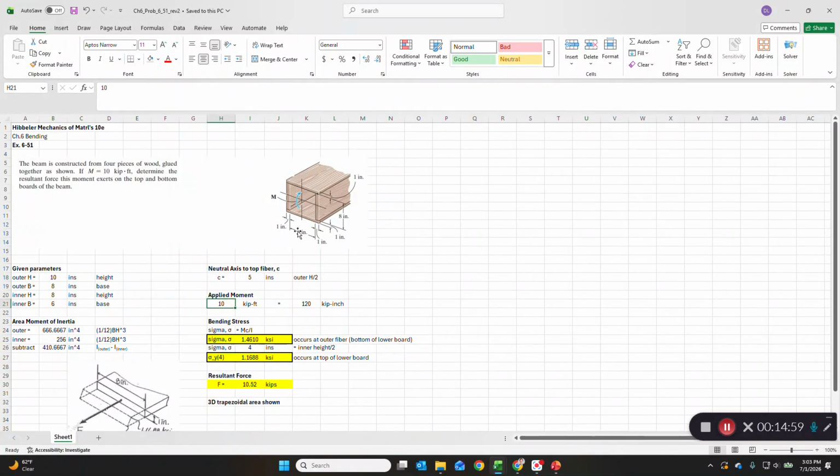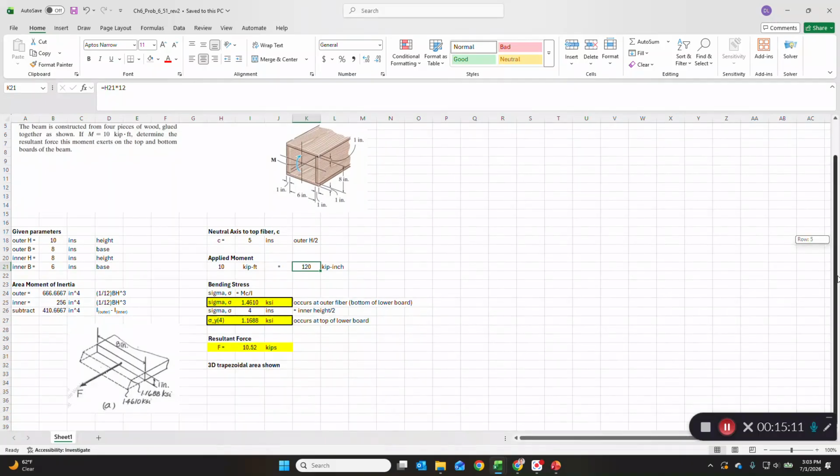So the applied moment is given as 10 foot-kips. Let's convert that to kip-inches by multiplying by 12, because everything needs to be in that unit since we're in inches now, kips and inches. So the bending stress is simply sigma bending is MC over I. M is 120 kip-inches, C is 5 inches, so 120 times 5 is 600, right?